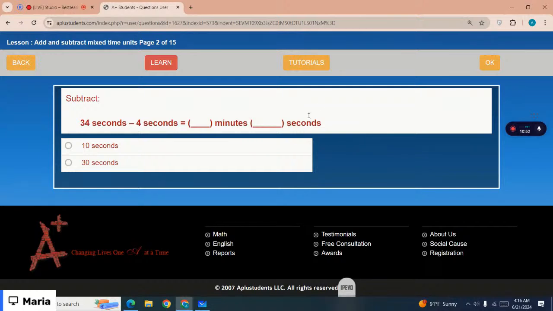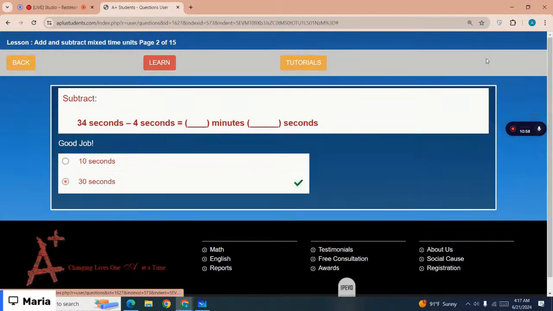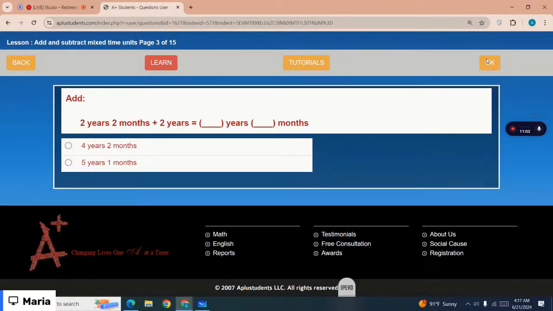The correct option is 30 seconds. 2 years, 2 months plus 2 years, which is the correct option?